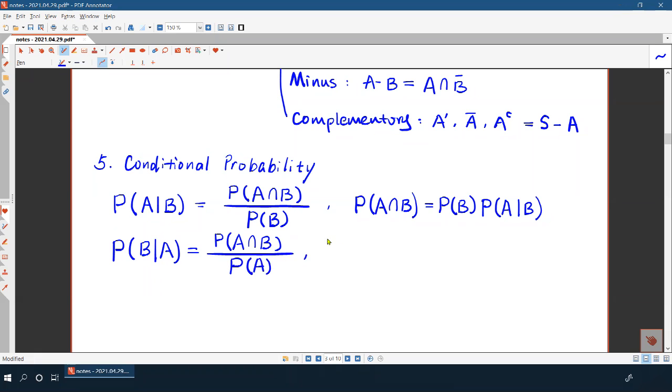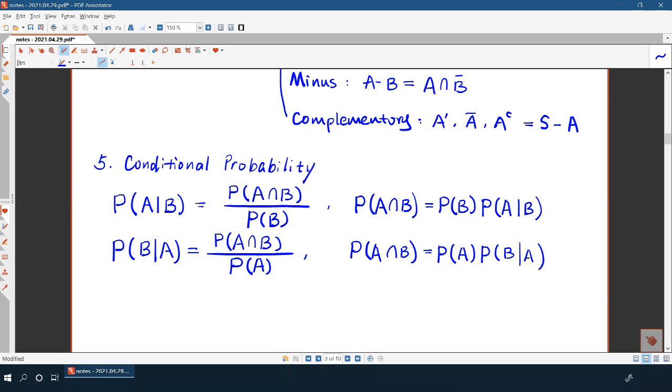And if we put P(A) to the left-hand side of this equation, we can get the probability of A intersect with B equals the probability of A times the probability of B given A. These are the commonly used forms of conditional probability, right?